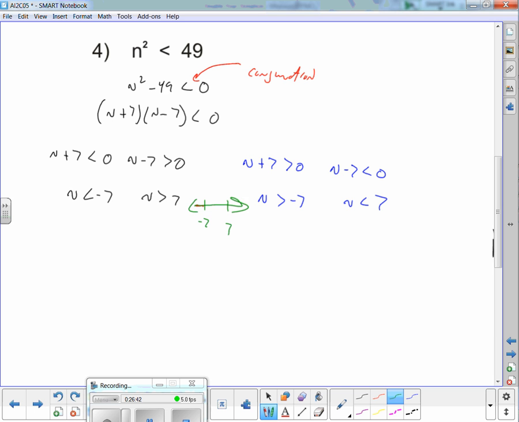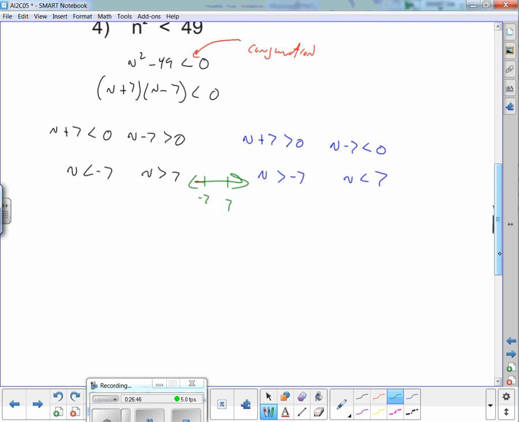Low value is -7, high value 7. Agreed? Because of the kind of conjunctions we're doing, we know that's got to be the solution, correct? So therefore, which one is the one with the -7? Which inequality? Hunter? It's got to be that one because it has to be going in that direction, right?